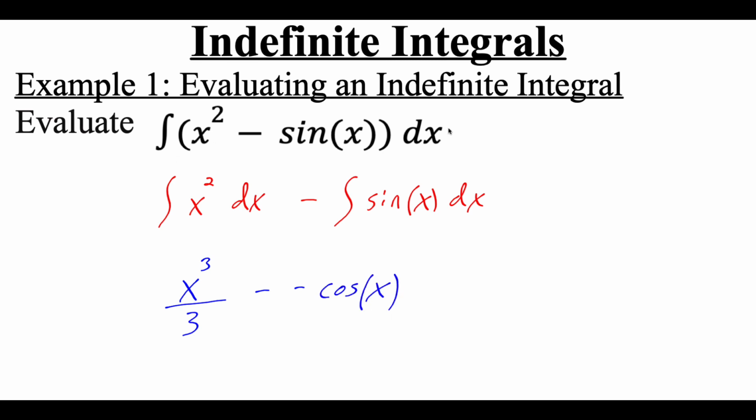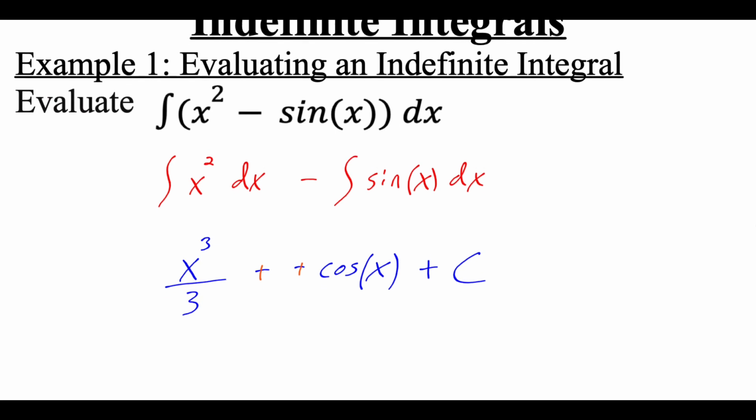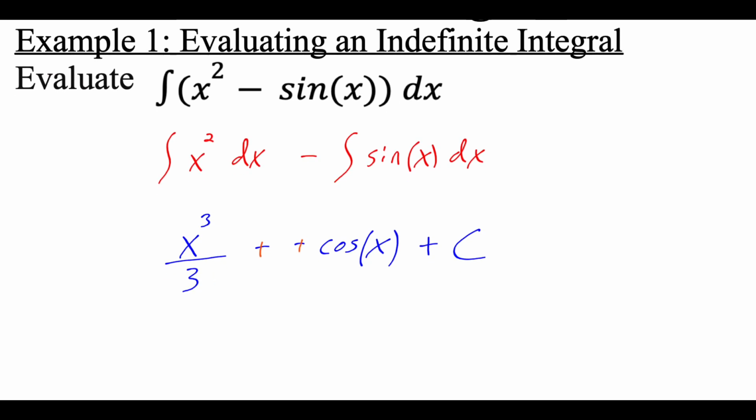But then because we just did an indefinite integral, we always have to put our plus c on the back end. Now I notice that in the middle right here we have a minus a negative, so we can turn that into addition. So then our final answer for the indefinite integral is x cubed over 3 plus the cosine of x plus that c value.